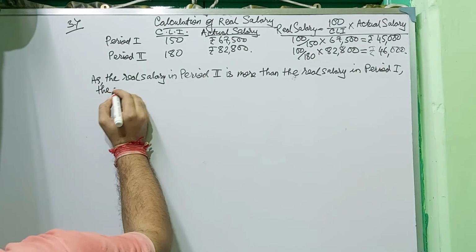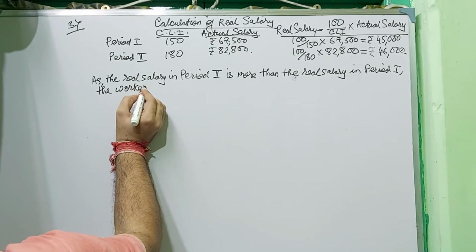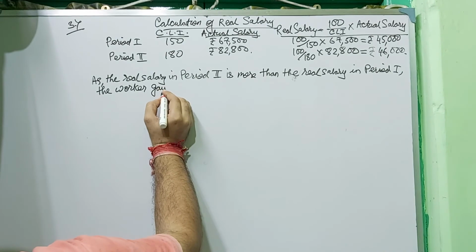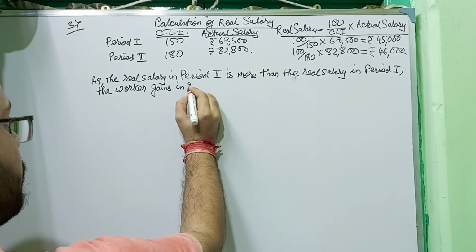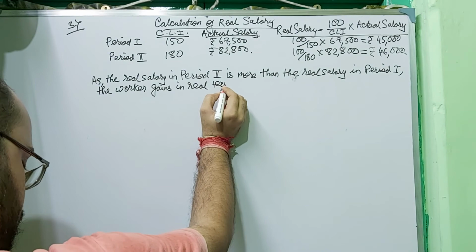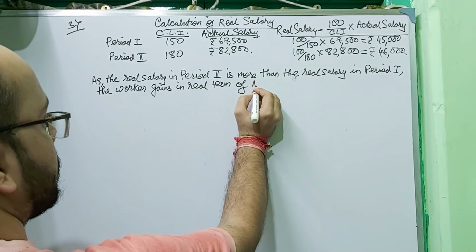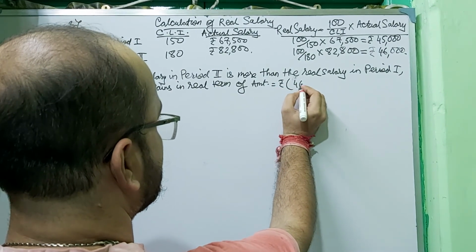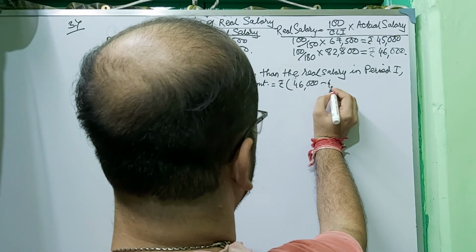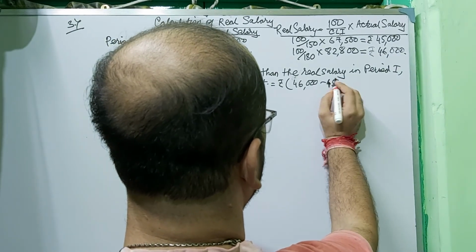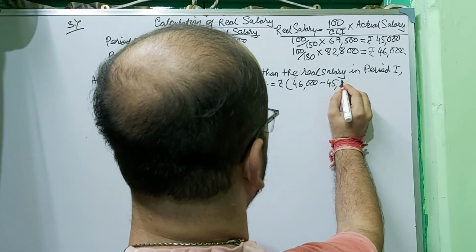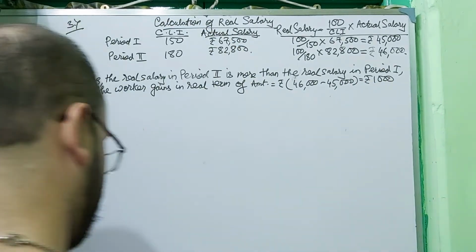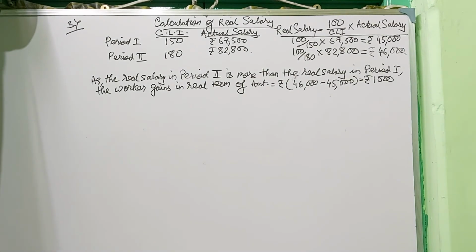The worker gains in real term of amount how much? 46,000 minus 45,000 will be rupees 1,000. So worker will be gaining rupees 1,000.